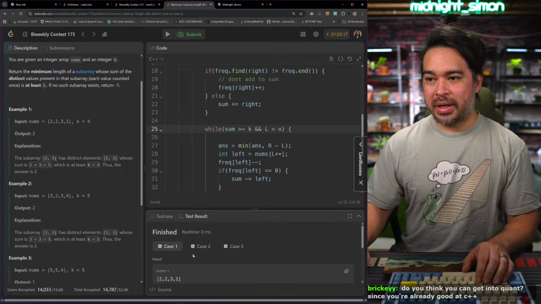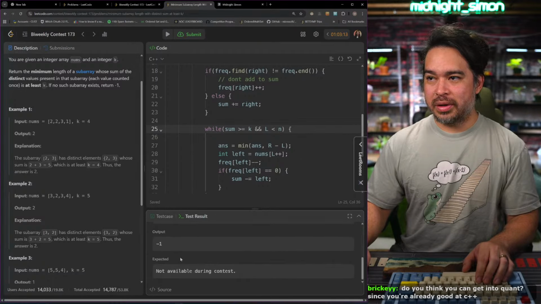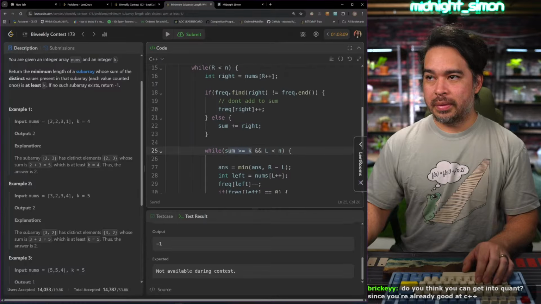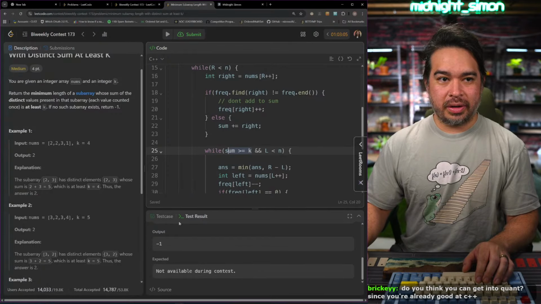That ain't right, man. -1, -1. I gotta debug a little bit.